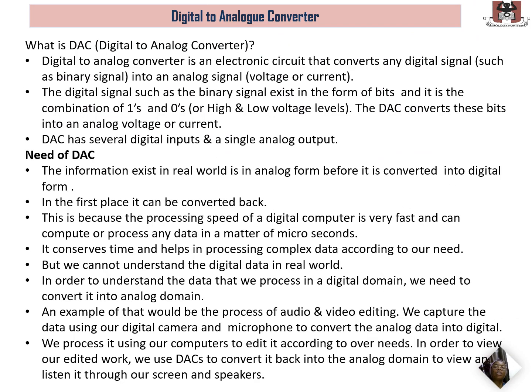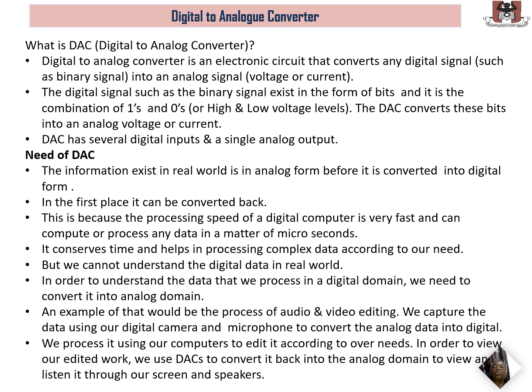So let's go to the digital to analog converter, which is the DAC. A digital to analog converter is an electronic circuit that converts any digital signal into an analog signal.